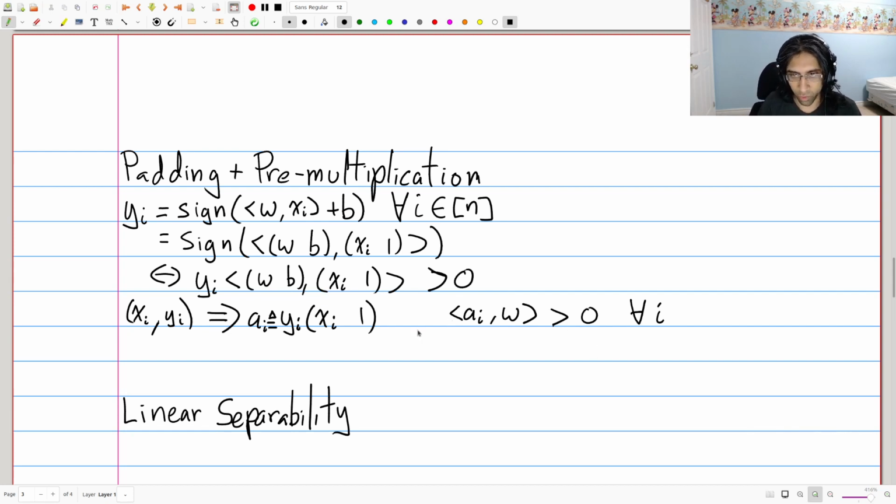That's one way to write our training goal, which is just a massaging of the intuitive thing: we want everything to lie on the correct side of this straight line. Another way to write this is A times w is greater than 0, where this is a vector, and this means an entry-wise guarantee.